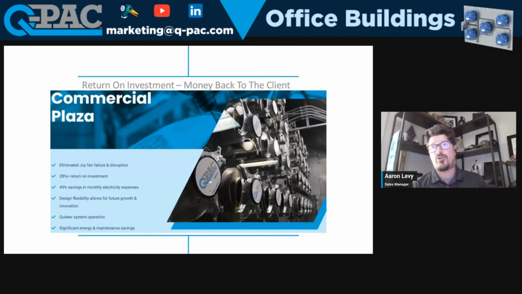We can do some ROI calculators to give them an idea of what their ROIs may be, if they want to present that to the governing body that may award it. But things to look at with these systems is not just the upfront cost of the equipment.